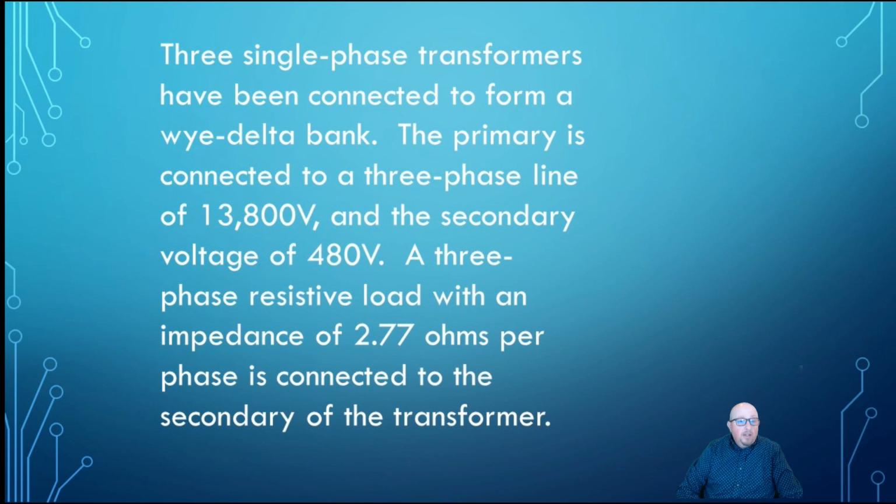We have three single-phase transformers that have been connected to form a Y delta bank. The primary is connected to a three-phase line of 13,800 volts and the secondary voltage of 480. A three-phase resistive load with an impedance of 2.77 ohms per phase is connected to the secondary of the transformer.